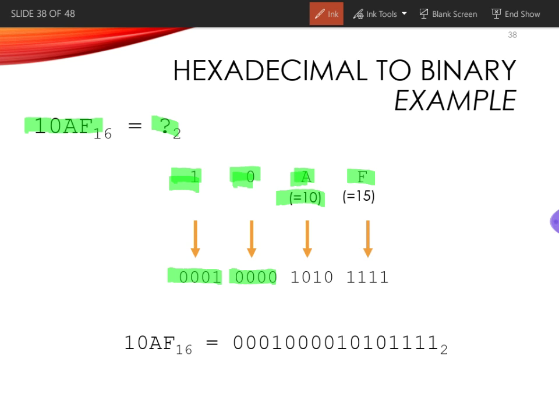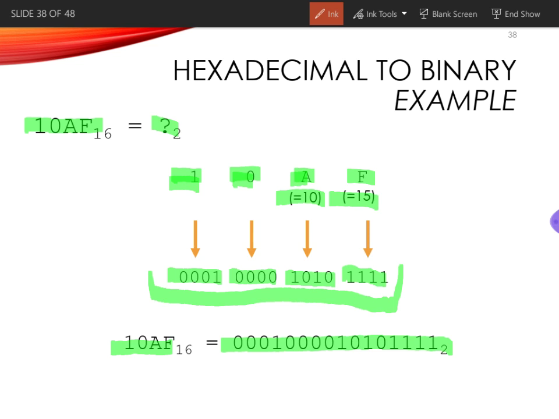So we just convert 10 into binary, which is 1010. And then F, which is equivalent to 15, in binary this is 1111. And this whole thing together is our equivalent binary for 10AF in base 16.